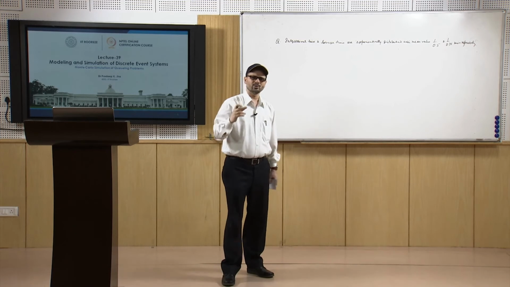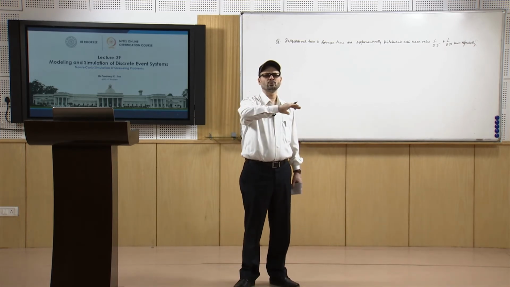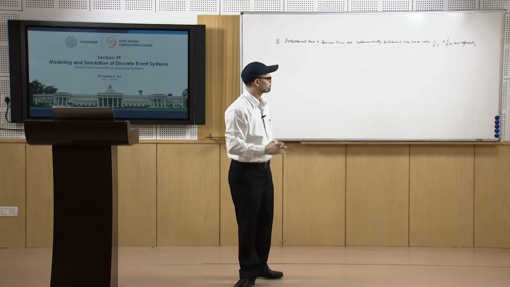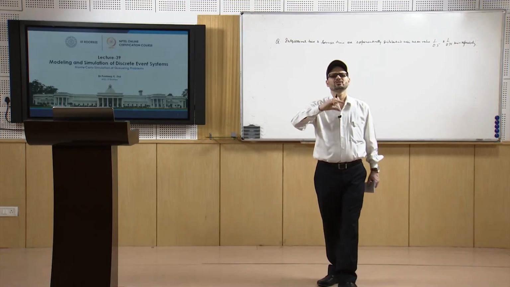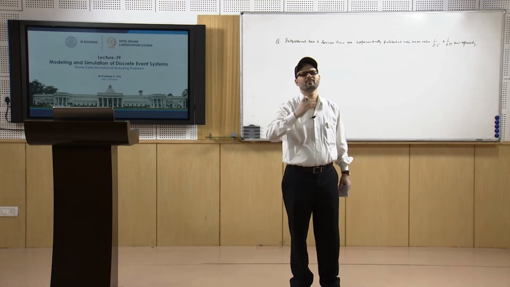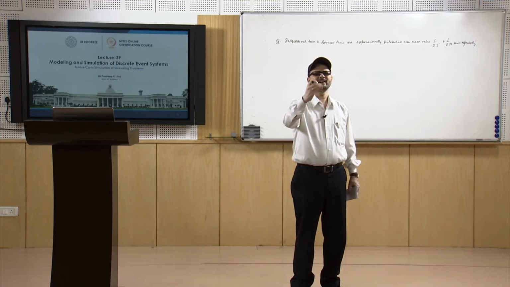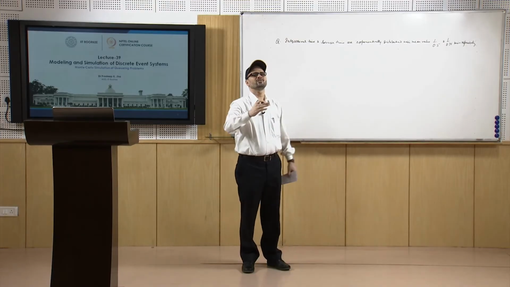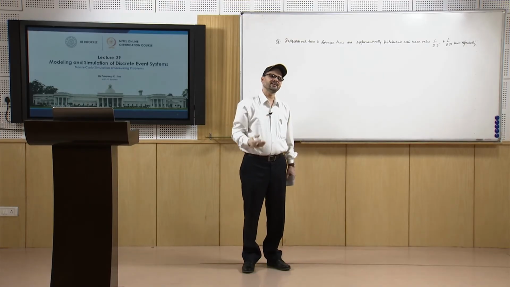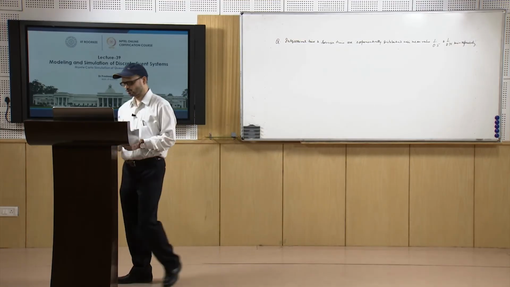As we know, in that case you equate the cumulative distribution function to some uniformly distributed random number value, and from there we generate the inter-arrival time or service time, and then finally we do the queuing simulation.